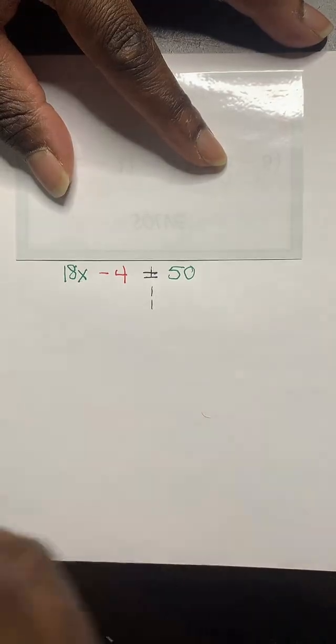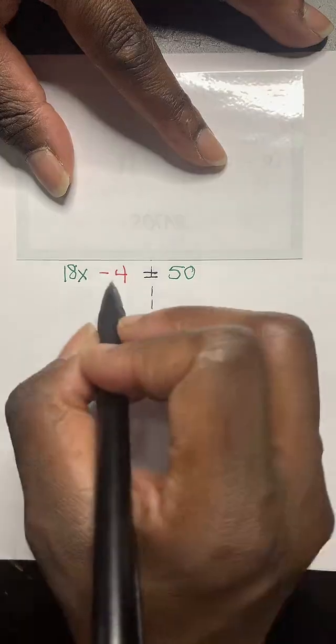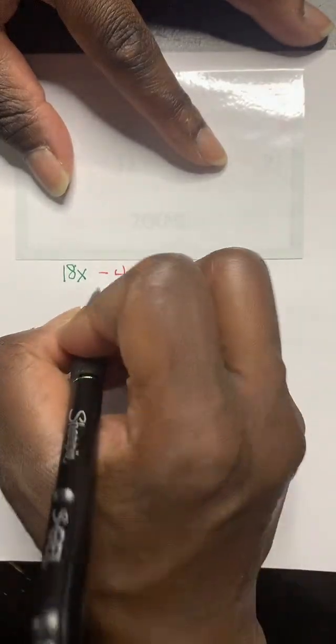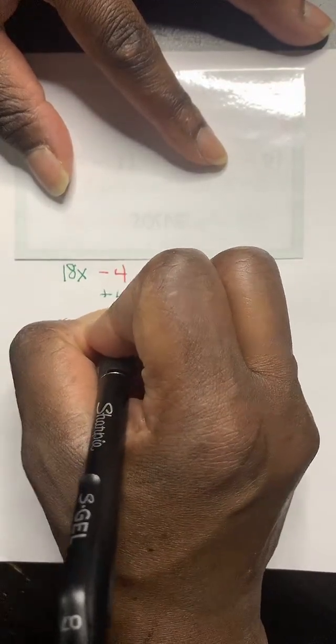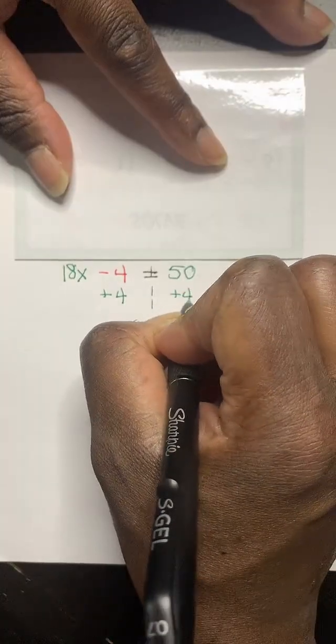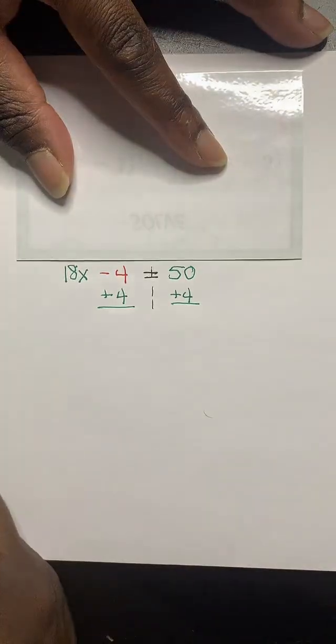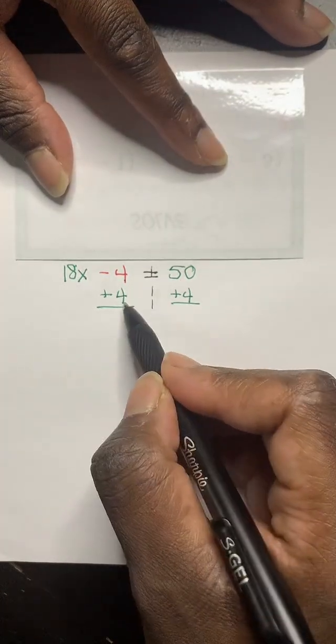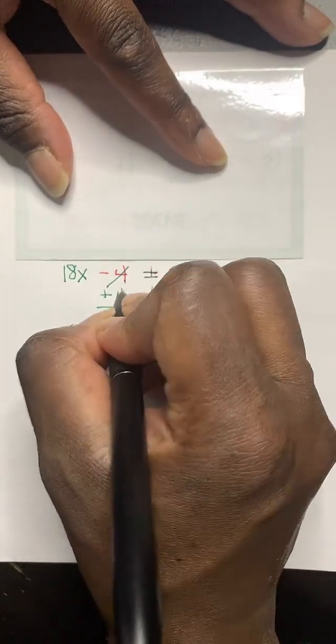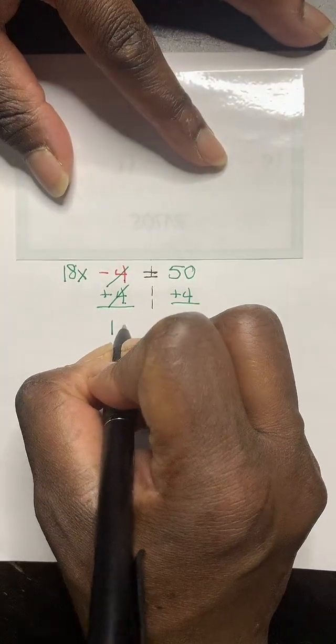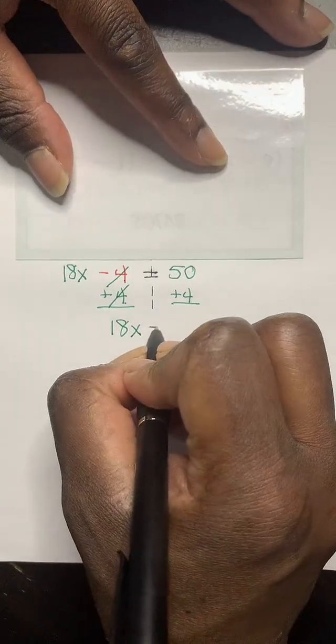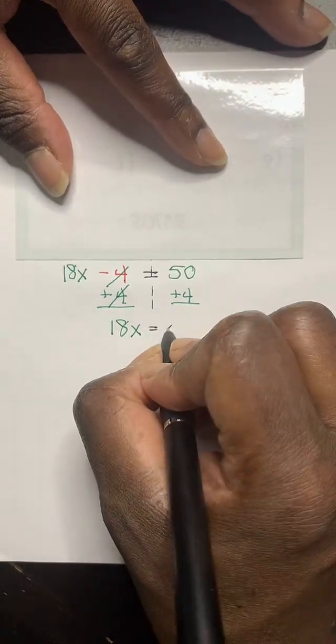No, go away. How do you get rid of someone that's negative? Be positive. It makes them crazy. So we're going to add 4 on both sides, because -4 plus 4 gives me 0. So I keep myself, my energy, my 8x. And now over here, 50 plus 4 gives me 54.